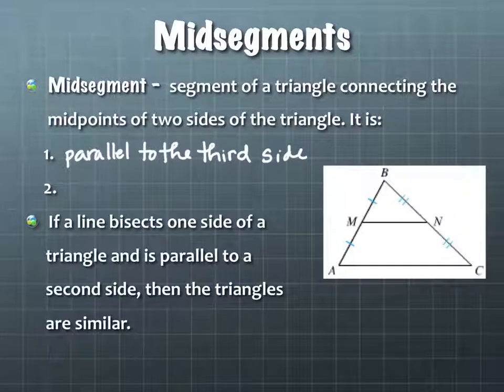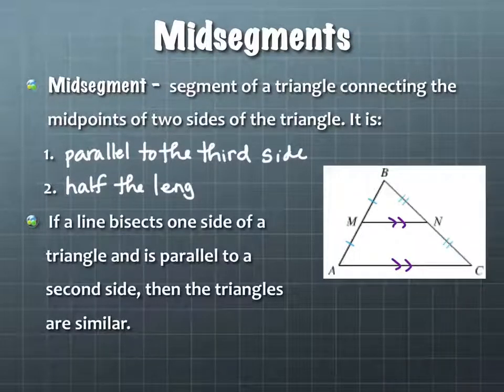So in my picture, what I'm saying is that this line and this line are parallel. Okay? The second feature, which is a pretty interesting one, is that it's half the length of the third side.